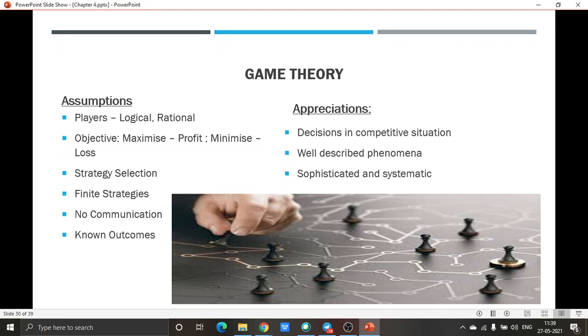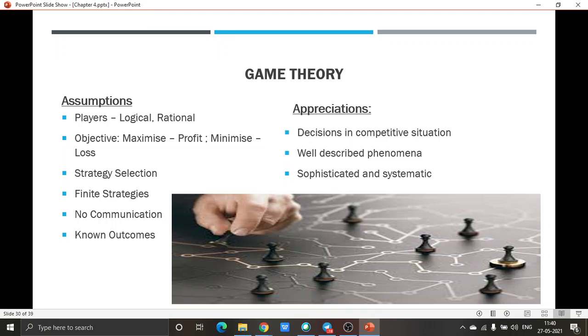Had these assumptions not been taken, there are chances that this model may not be worth the importance it has right now. So the first assumption is that every player involved in the game is logical in thinking and rational in acting.